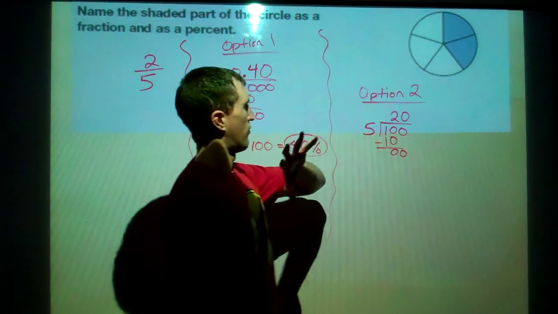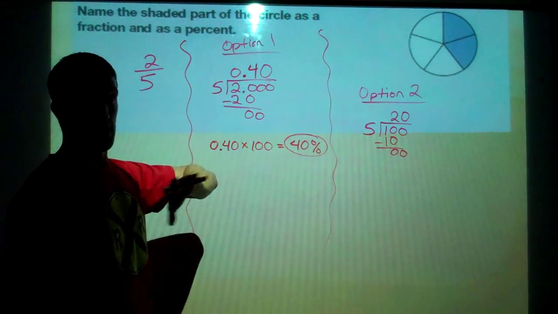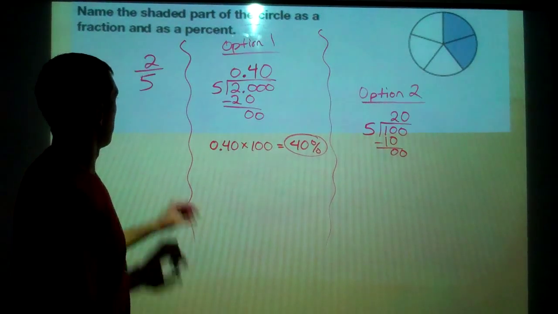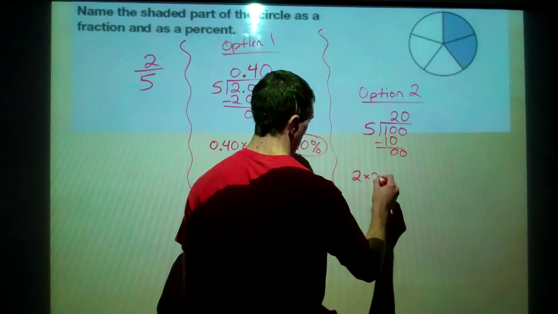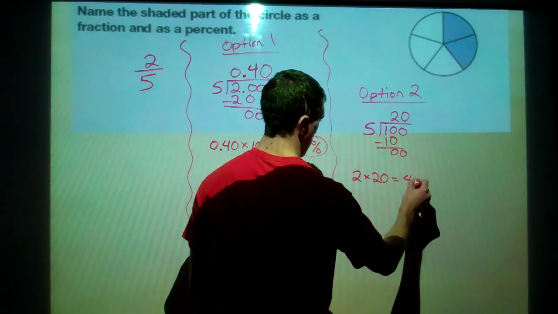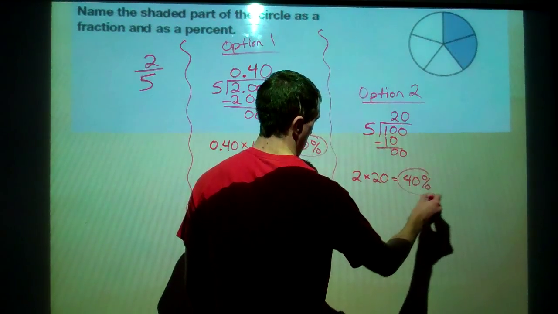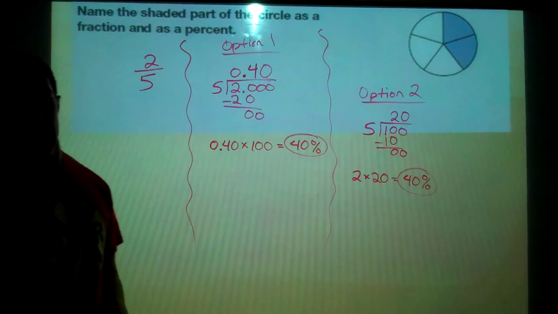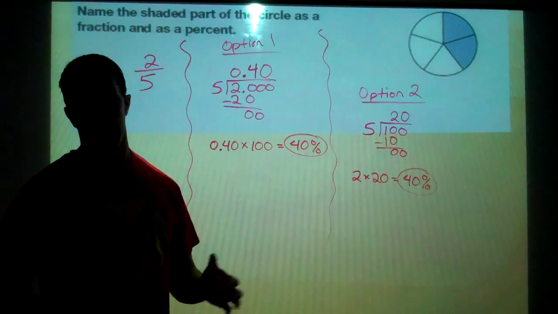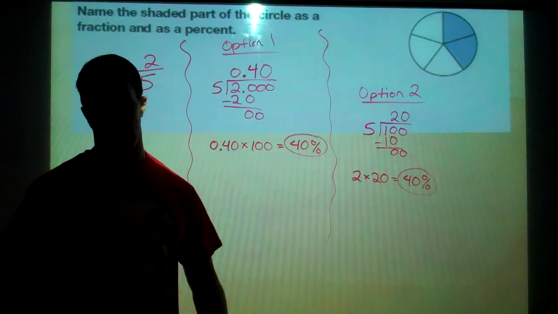So 5 goes into 100 20 times, and then we multiply that by our numerator, 2 times 20. And we still get 40%. So whichever way you want is fine with me. You should get the same answer either way.